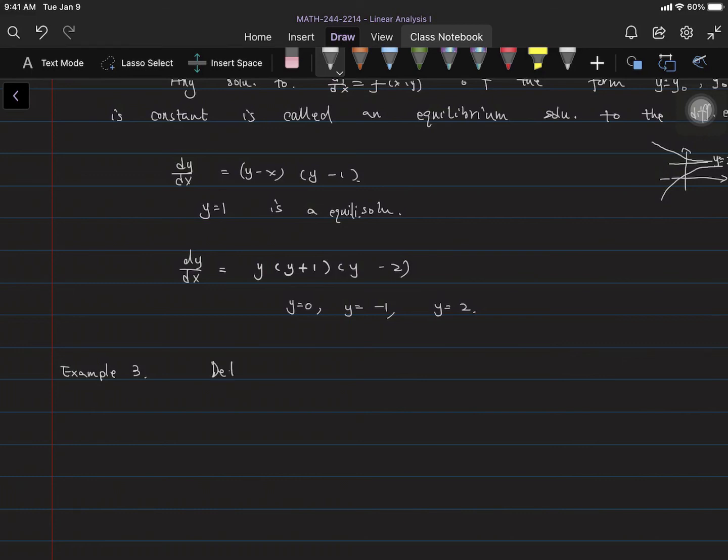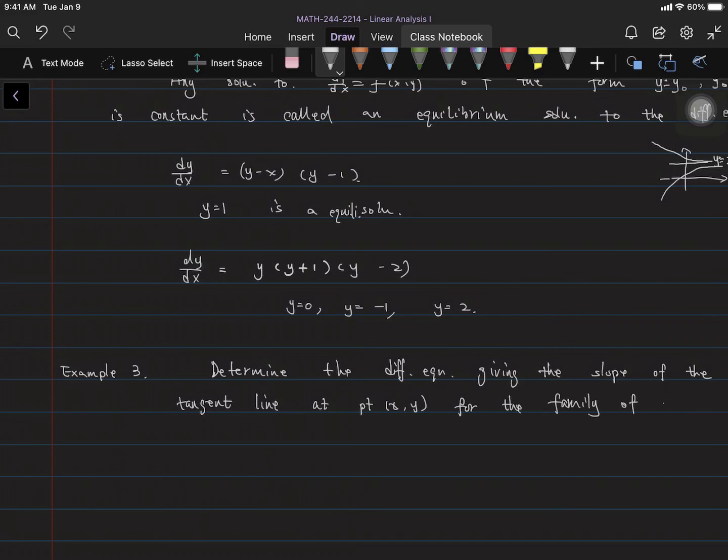Determine the differential equation giving the slope of the tangent line at the point (x,y) for the given family of curves. That means given a family of curves, the general solution, determine the differential equation.